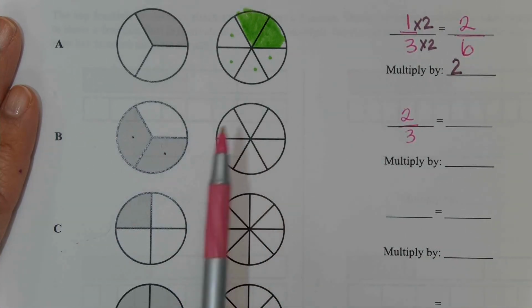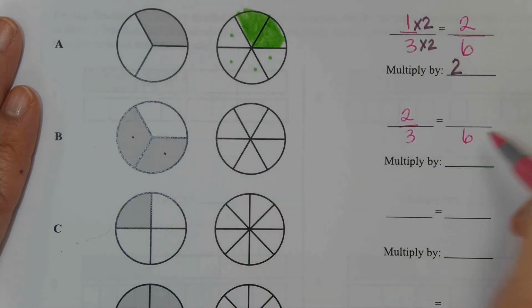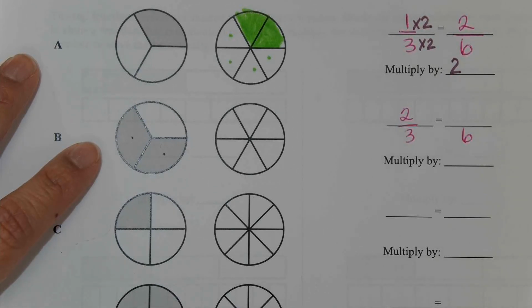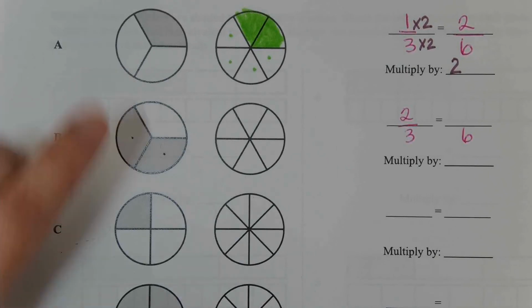How many equal parts do we have? 1, 2, 3, 4, 5, 6. So we have 6 equal parts. So how many do we need to shade to equal 2/3?